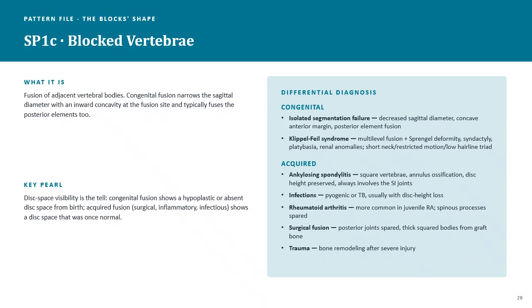So when we're talking about block vertebrae, we're basically saying that two or more of those vertebrae have fused together or they've stuck together instead of being separated normally by that intervertebral disc and that disc space. This particular shape can be something that's congenital, meaning that the person was born with the fusion, or it can be acquired, meaning that the vertebrae fused together because of some sort of disease or surgery, trauma, and it can also be an infection.